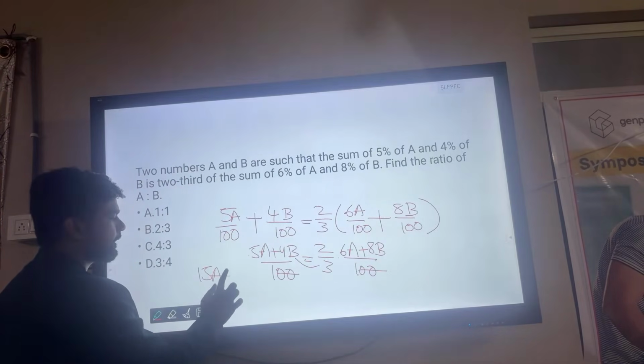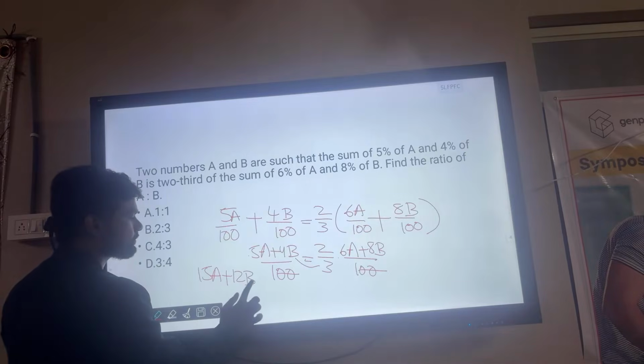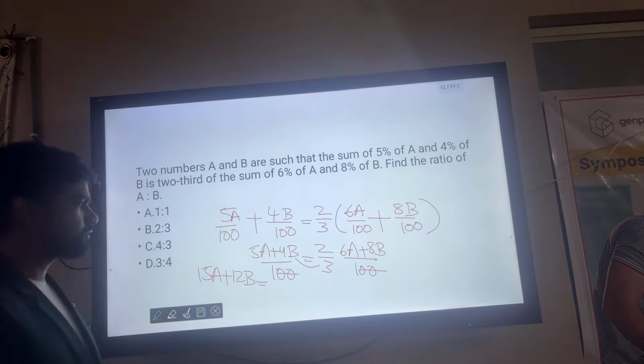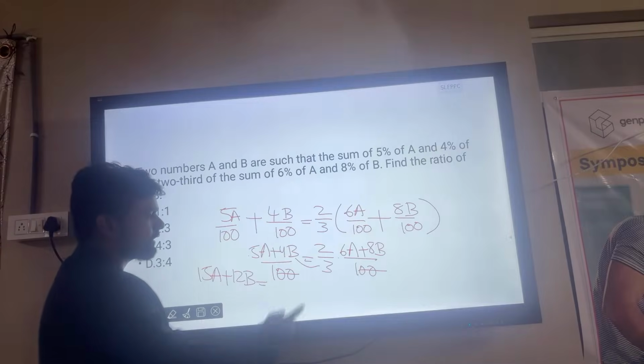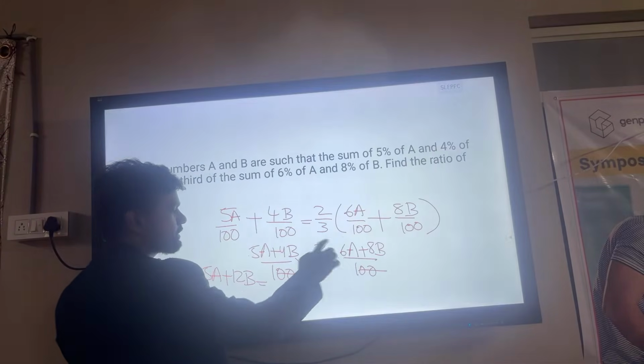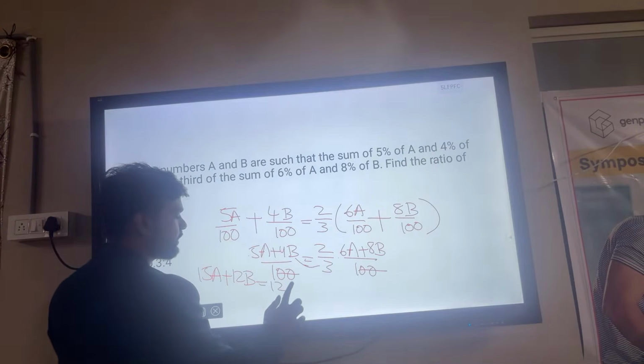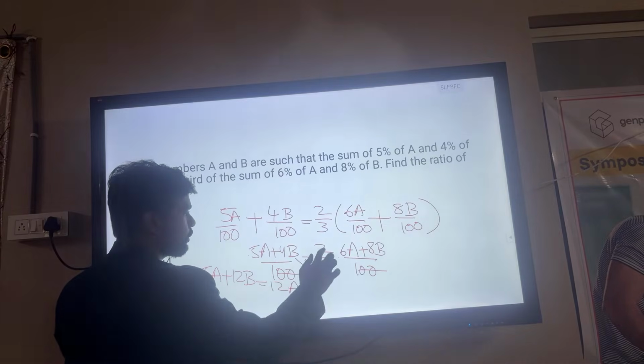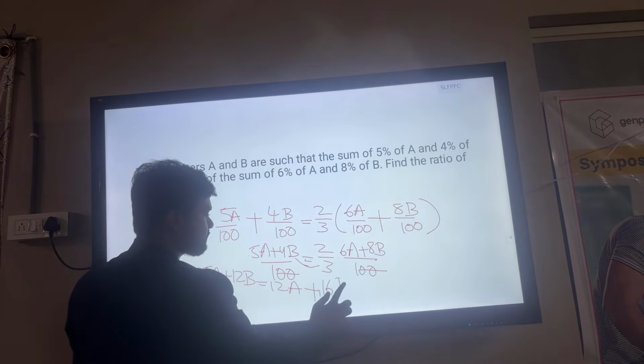15A plus 12B is equal to, and 3 is removed, 2 of 6, nothing but 12A, plus 2 into 8, 16B.